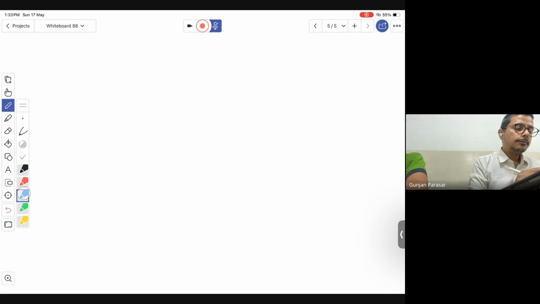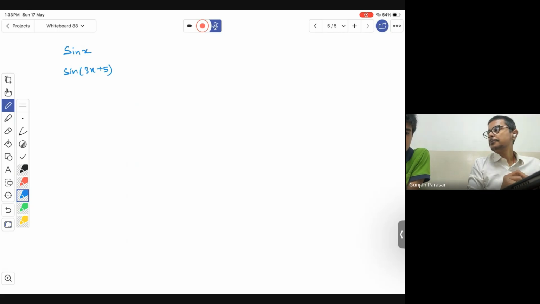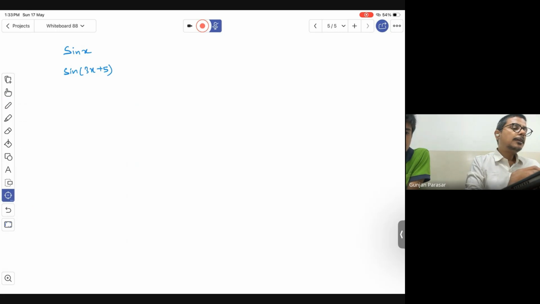Okay. So next table. But before I tell you the next table, try to check out this thing. Suppose I write sin x, one thing, and next I write sin 3x plus 5. Can you see the similarities and the differences? So in here, the input variable is x, but the thing that is given to sin x to eat is x.